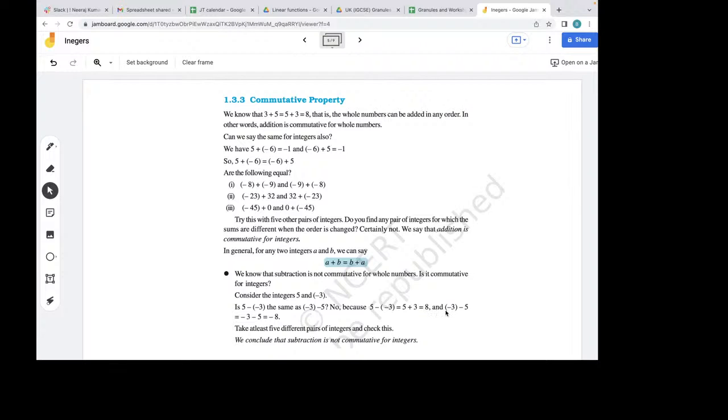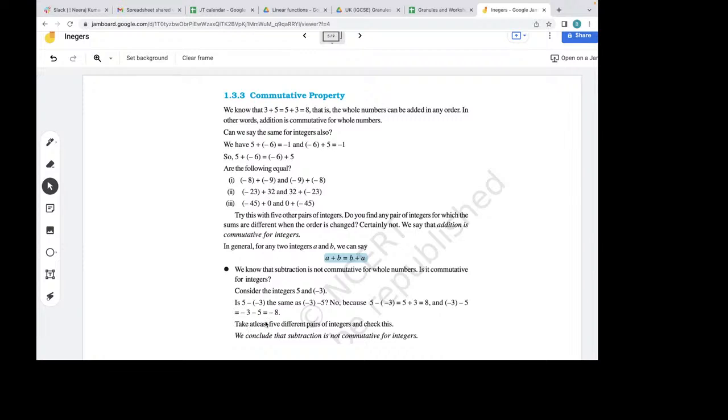And again, minus 3 minus 5 is equal to minus 8. So both have given a different answer. It has given 8 and it has given minus 8. So you can take some more examples of this kind and figure out yourself. And by this we can conclude that subtraction is not commutative for integers.